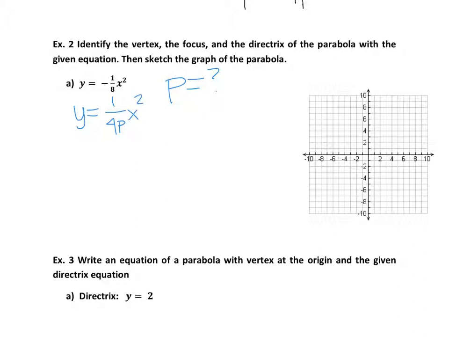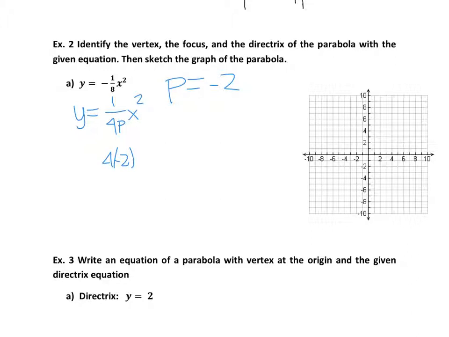So if my bottom value is negative 8, because of that negative out in front, I needed to multiply by negative 2. That means that my p-value is negative 2.